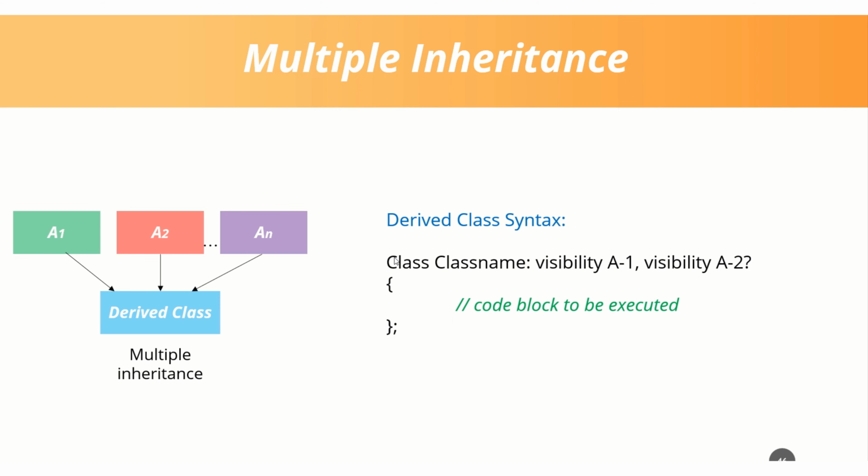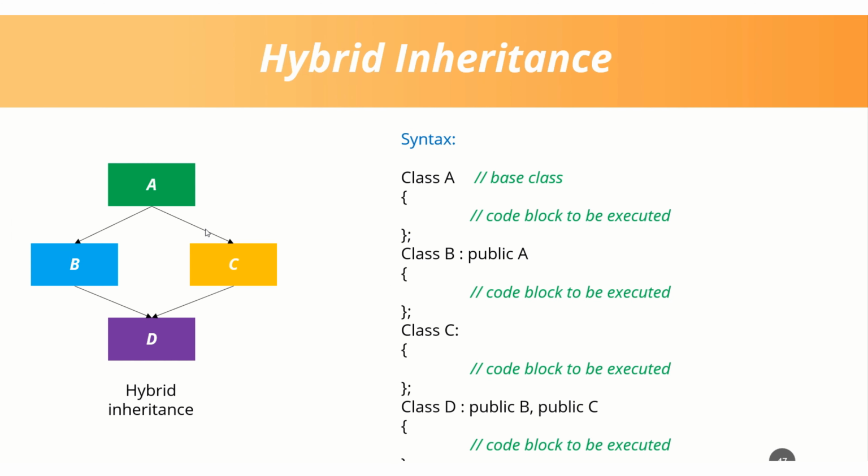Next is multiple inheritance. The syntax for the derived class is class name, visibility A1, comma, visibility A2, and that goes up to An, and within the curly braces, the code of the block to be executed. Next is hybrid inheritance.